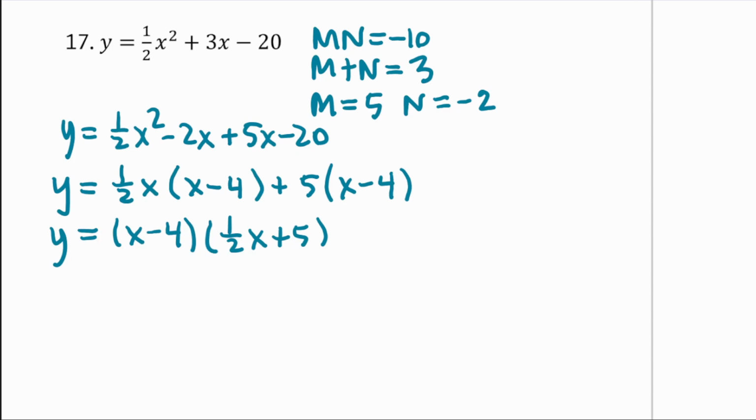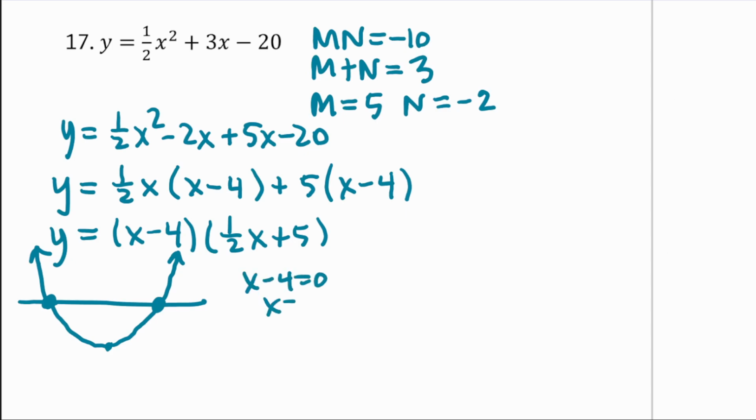Okay. This is going to be a parabola that opens up. It'll be kind of wide because of the 1/2 x squared. And it'll have zeros where x minus 4 is equal to 0, or where 1/2 x plus 5 is equal to 0.